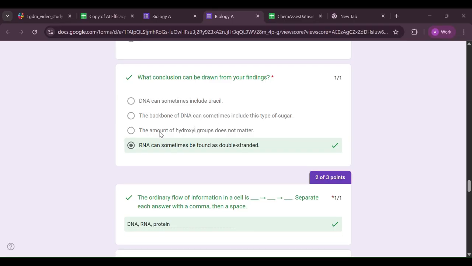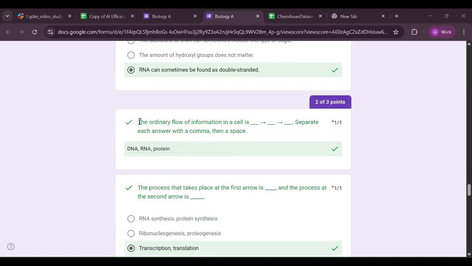The third option is that the amount of hydroxyl groups does not matter, but it really matters in terms of stability and reactivity. Therefore, it is also an incorrect option. And the last option, RNA can sometimes be found as double stranded, is the correct option.